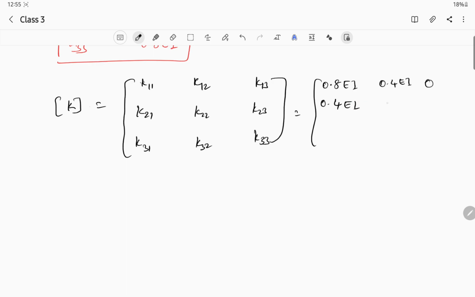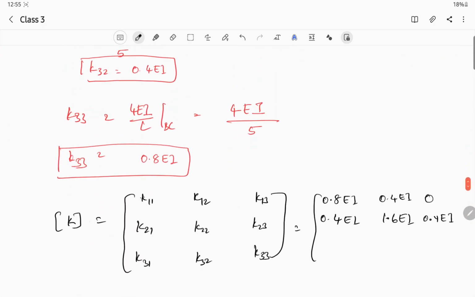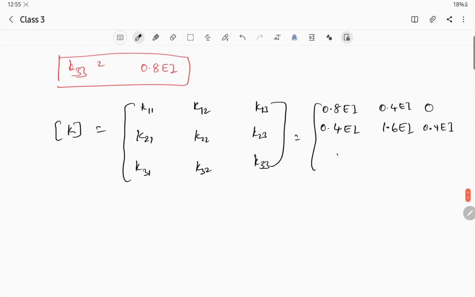Similarly, K22 we got as 1.6 EI. Then this value is 0.4 EI. What about K31, K32, K33? K31 is 0, K32 is 0.4, and finally we got 0.8 EI. So these are the values we got.